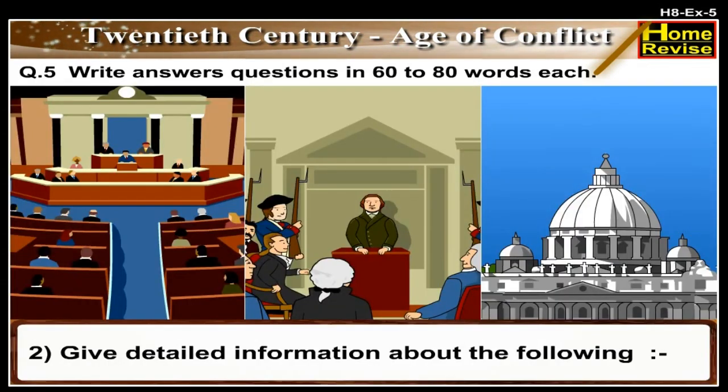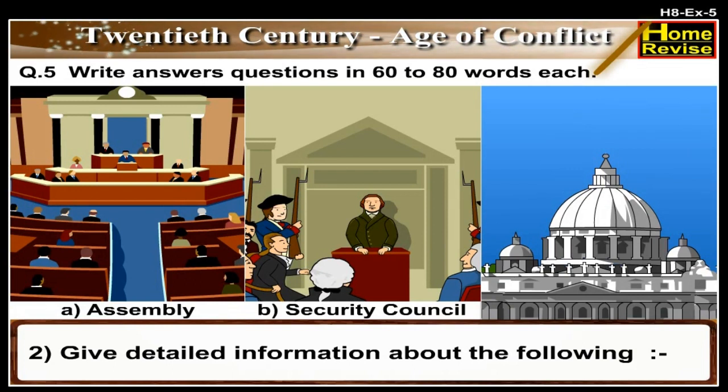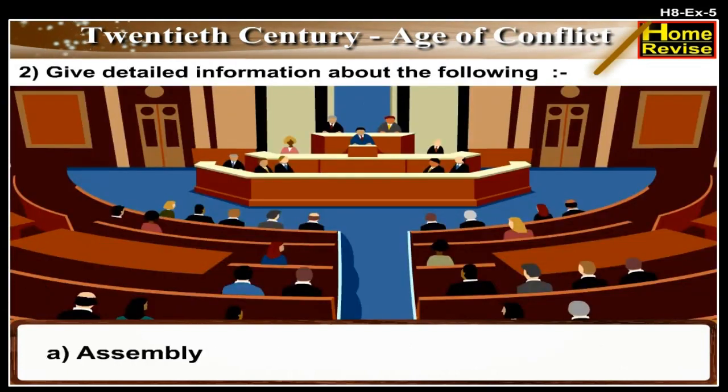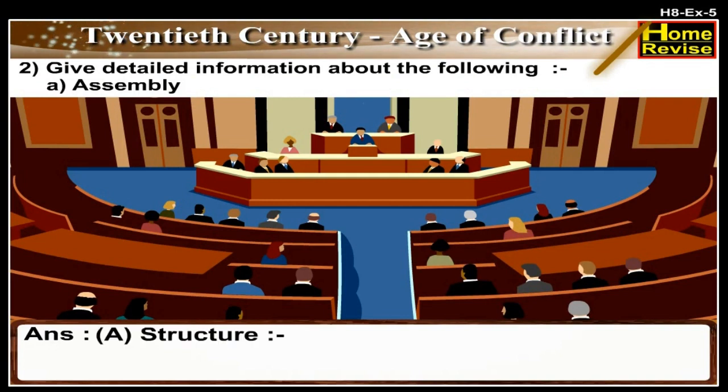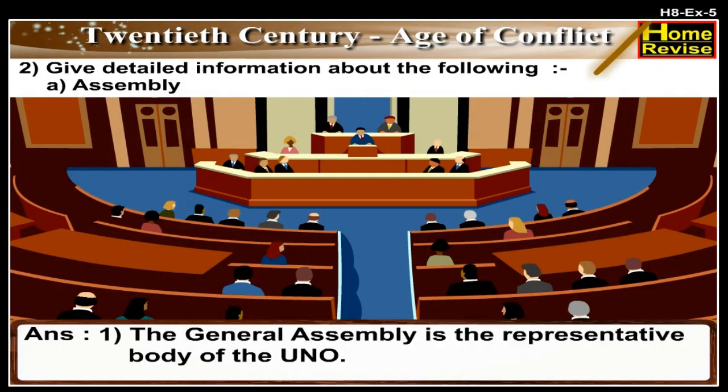2. Give detailed information about the following. A. Assembly. B. Security Council. C. Secretariat. A. Assembly. Answer. A. Structure. 1.